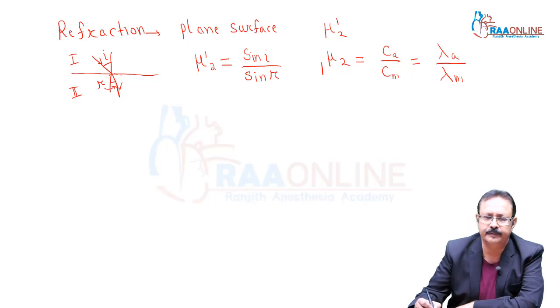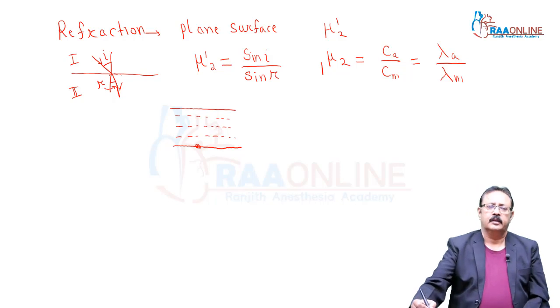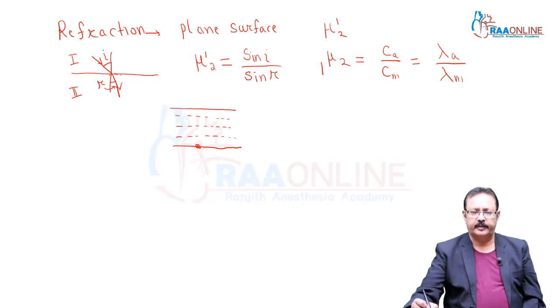What will happen if you see through a denser medium? Suppose it is a water tank and you are observing the depth. What should be the depth of the tank? Suppose you are here, with your eye a little bit to the side.